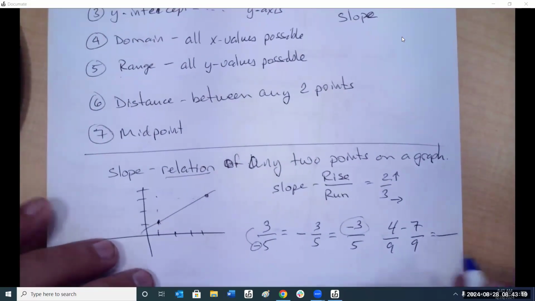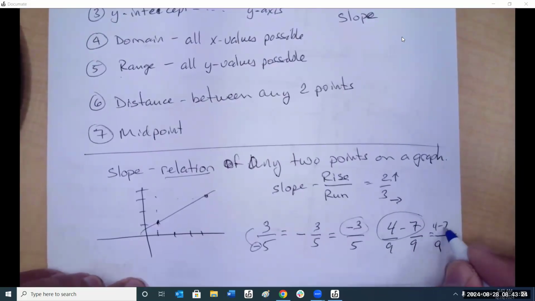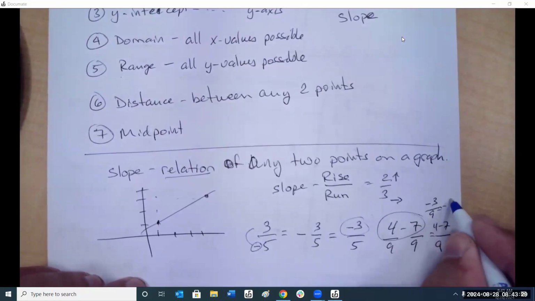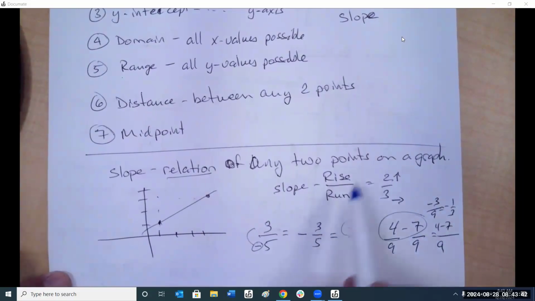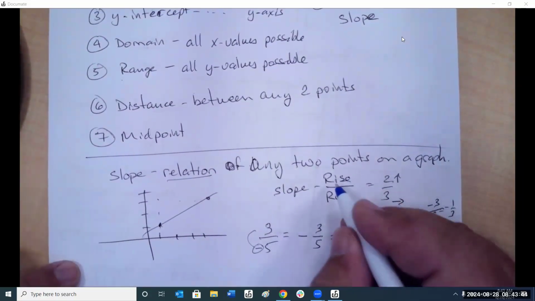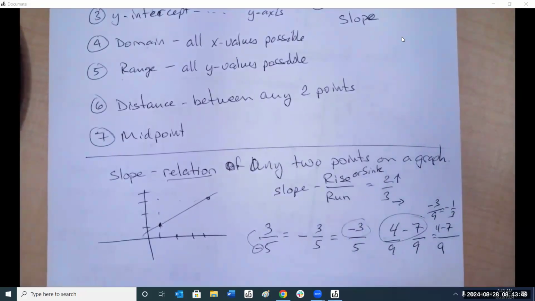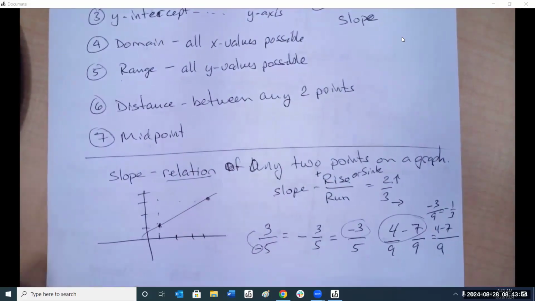Well, since you have a common denominator, that sign has to go with the top. So it will be -3 over 9, which is -1/3. So whenever you have negatives, that always goes with the top number. Negatives never go with the bottom number. But you're right. So in other words, what I always like to do is it's either rise or sink. If it goes up from this point to this point, going left to right, then it's a rise.